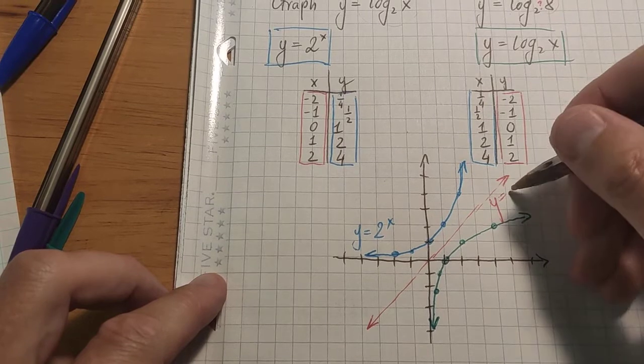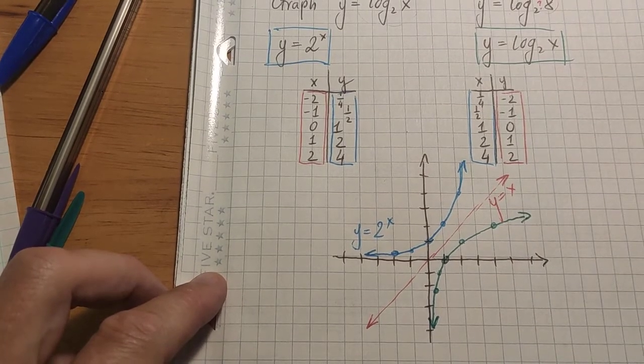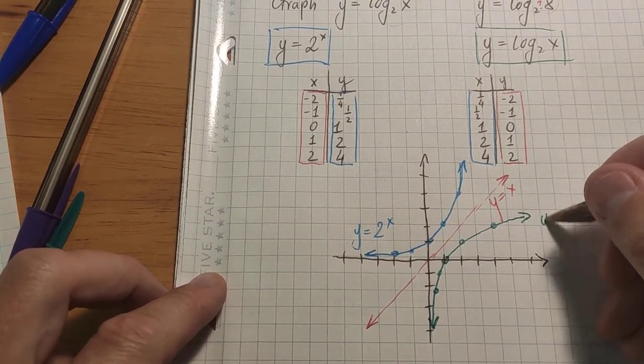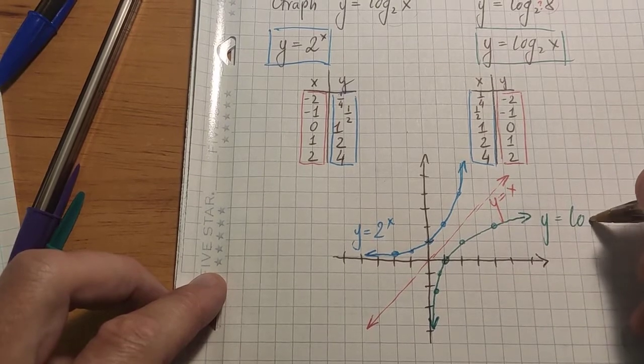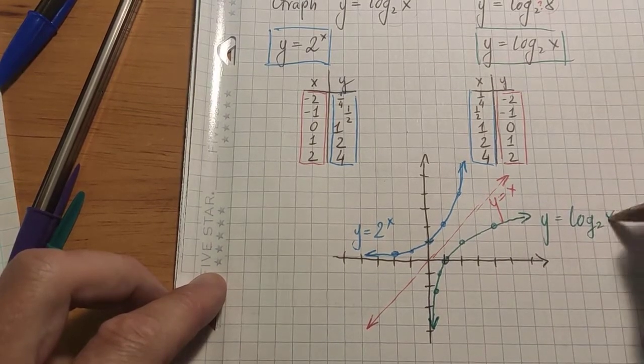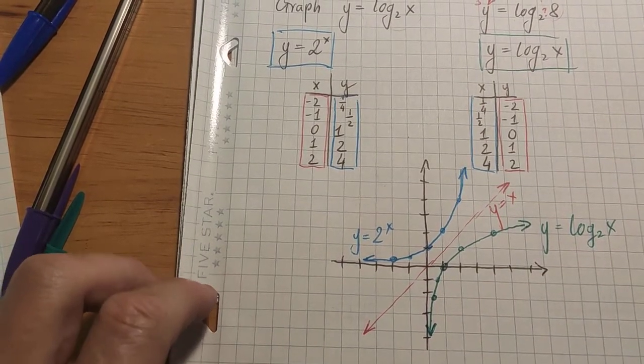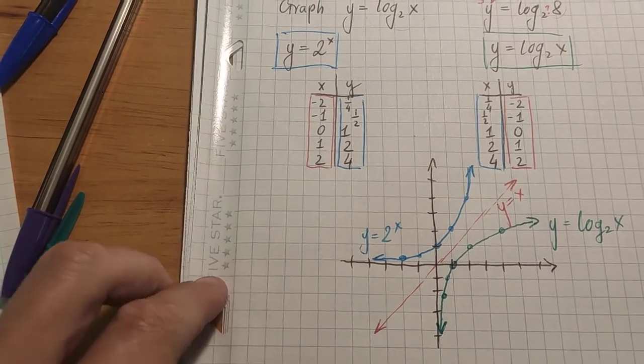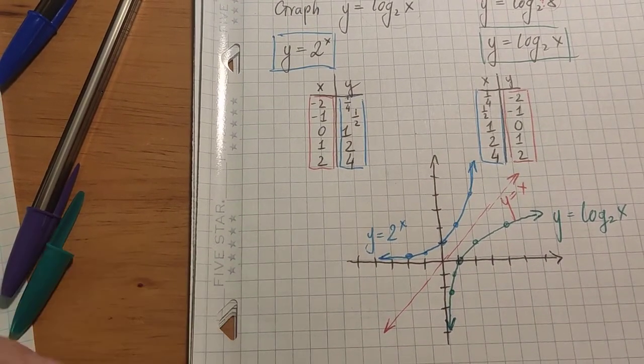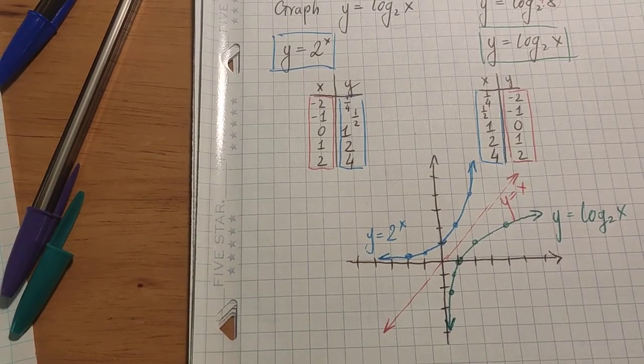On that line, the equation is y equals x. And this one is y equals logarithm base 2 of x. Okay. So that's a little bit of an introduction to show you what's going on with those inverse functions, how they work.